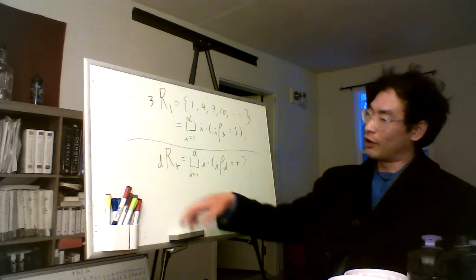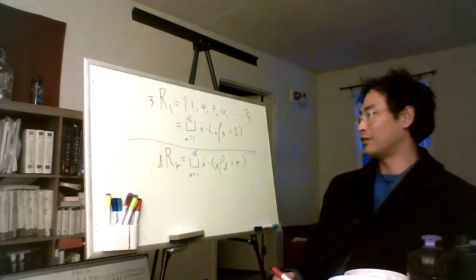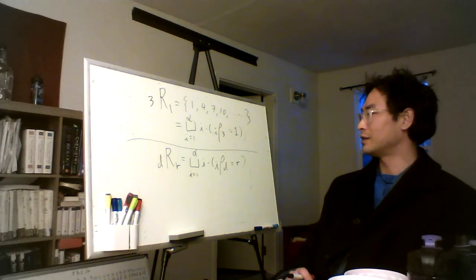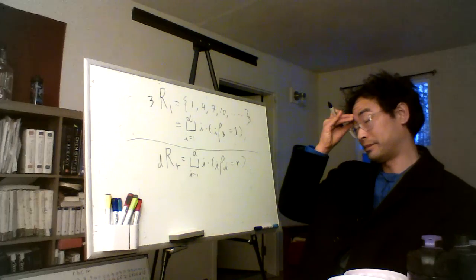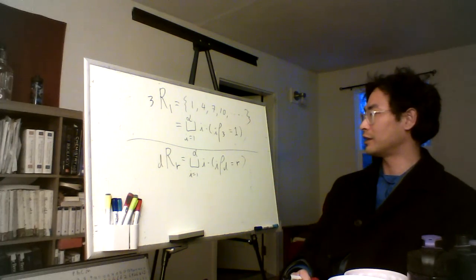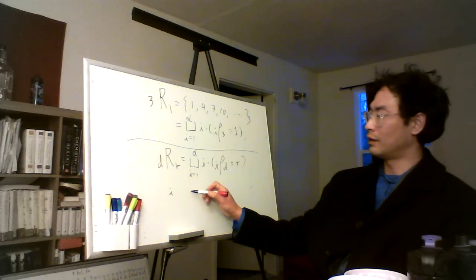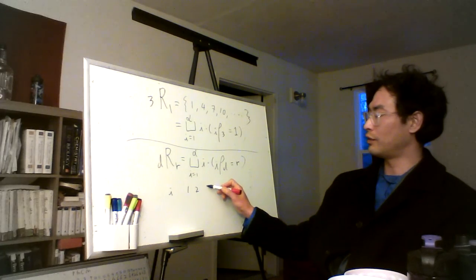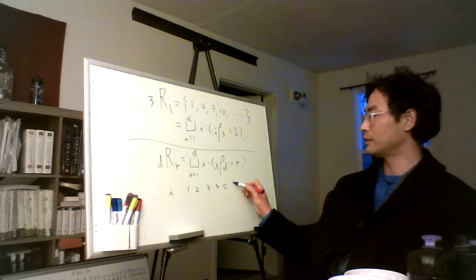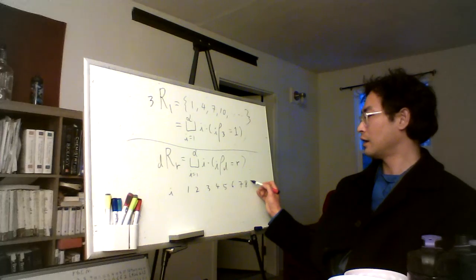I'll just give you one small example, because we cannot spend too much time on this. It's very basic. Boolean hybrid, Iverson bracket, it goes like this. Let i go from 1, 2, 3, 4, 5, 6, 7, 8, 9.